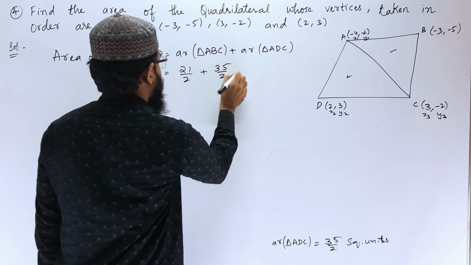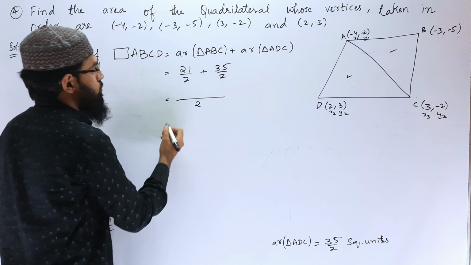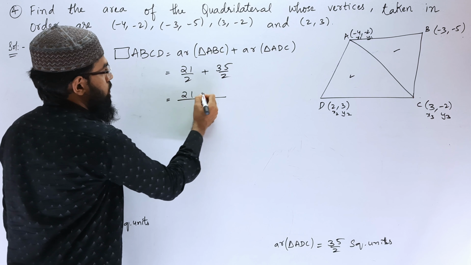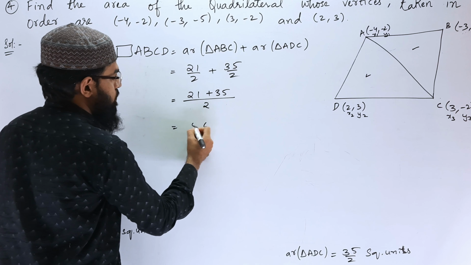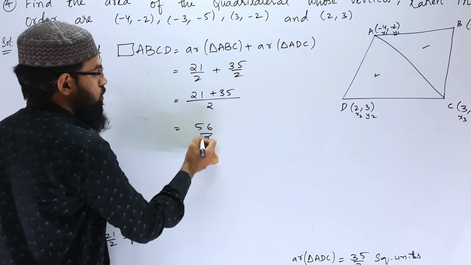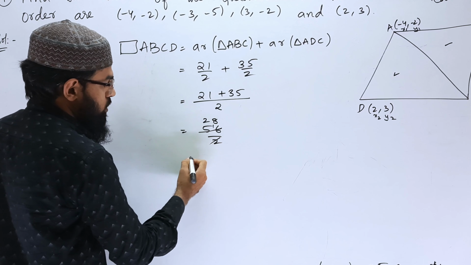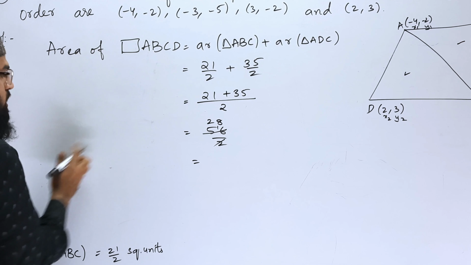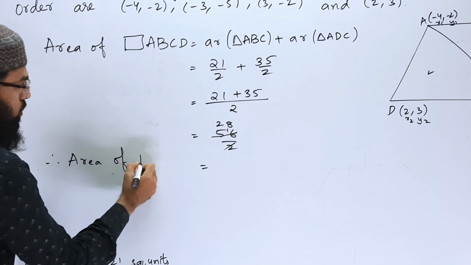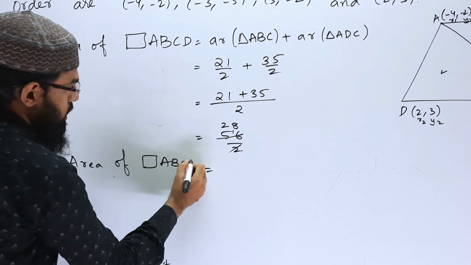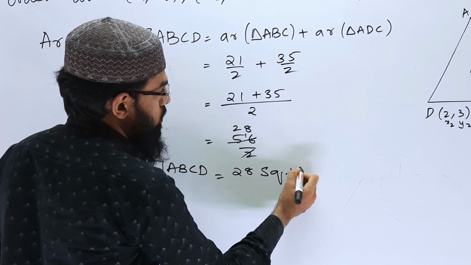So if we take out the LCM, we will get 2. So 21 plus 35, 1 plus 5 is 6, 2 plus 3 is 5, so 56 by 2. 2 ones are 2, 2 2s are 4, 2 8s are 16. So therefore the area of the quadrilateral ABCD is 28 square units.